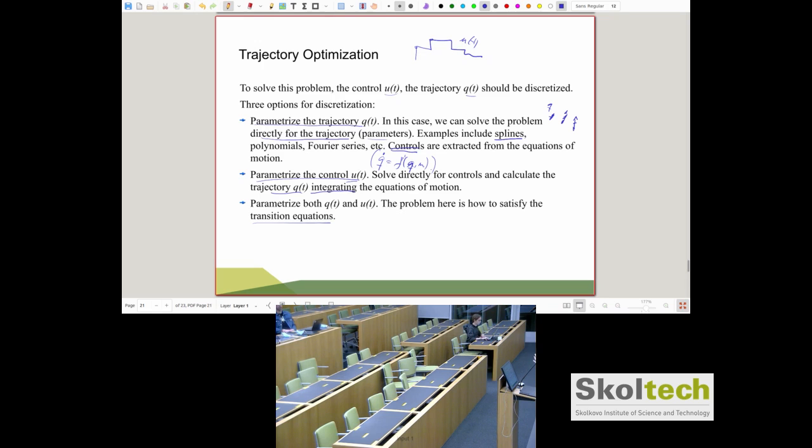We discretize the problem, now with parameters, we optimize over them. Different ways, one is optimizing control and then integrating, the other is with trajectories and then extracting controls, right? From this. Actually, yes, no, it's not. You need to solve the inverse of controls, right? Given a sequence of positions.